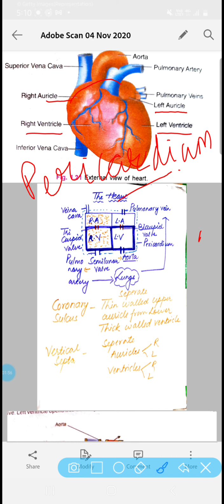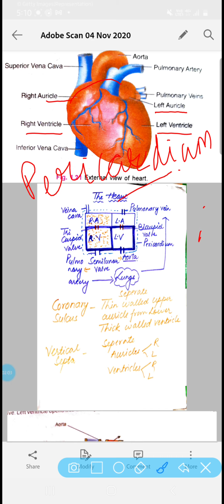Okay, so these are the 4 parts of the heart. Clear? Now we will study the different parts of the heart and the working of the heart, how it is associated with the blood vessels, how it carries the blood, how the blood moves from one part to another part in the heart.